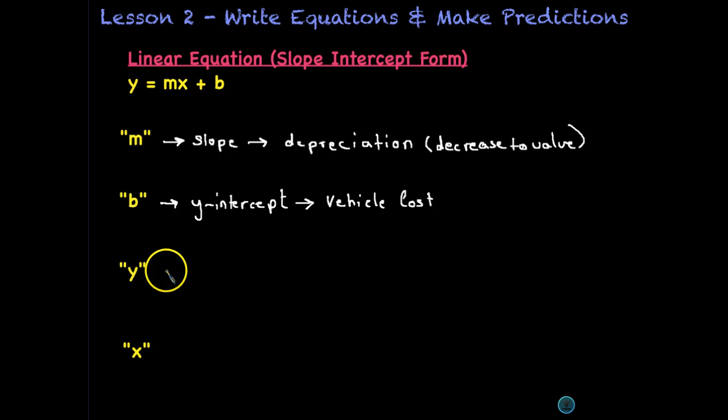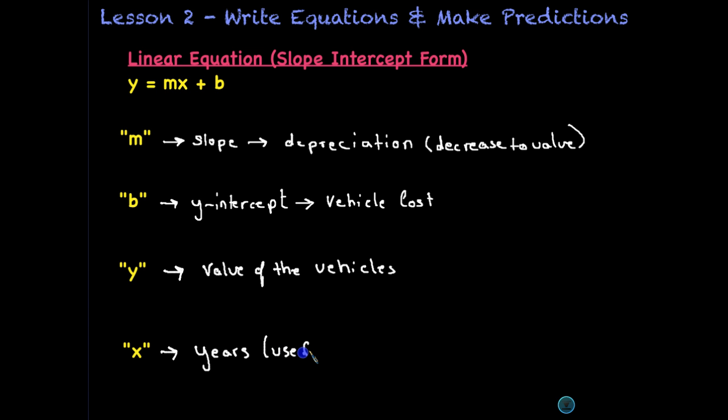So let's go ahead and put that into words. So the y value is going to represent the value of the vehicle or the asset. And the x-axis represents years or useful life. Okay, so make sure that you write this in your notes, including the equation y equals mx plus b, so that you can refer to it when you need it.